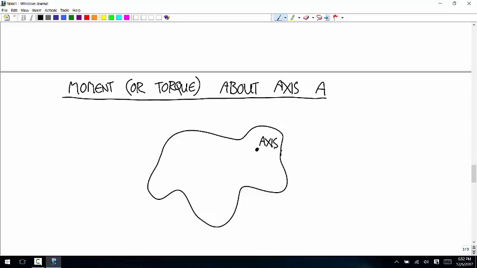So there's the axis, and we'll call that point A. And then somewhere else, there's a point P where a force is applied.